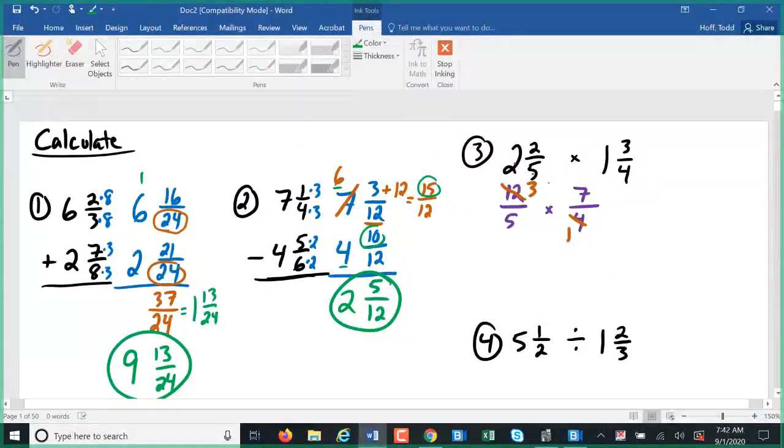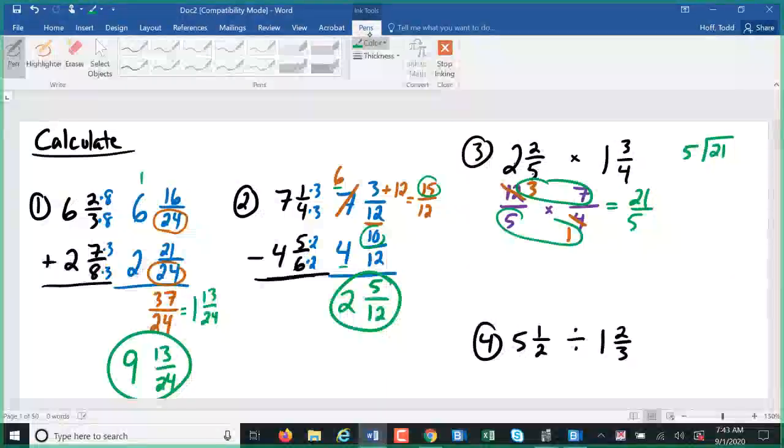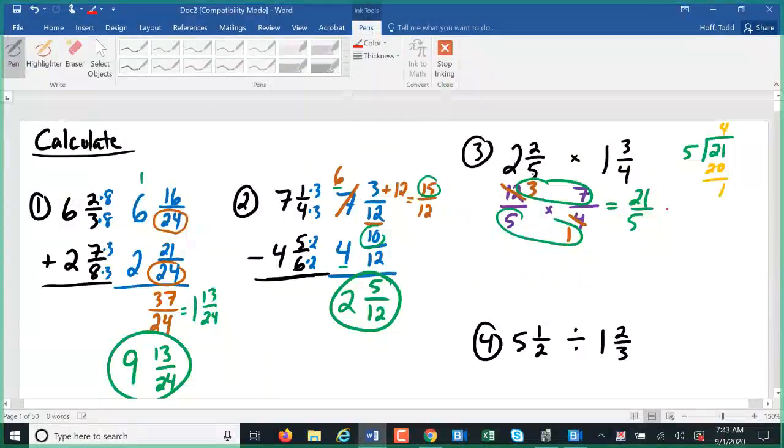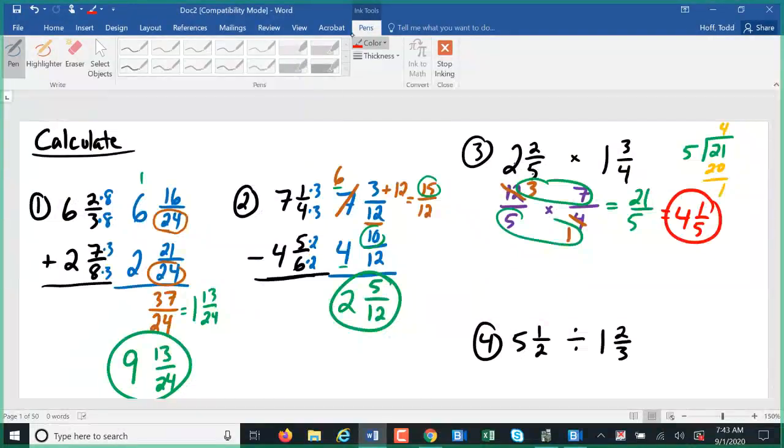Now we'll combine counts. 3 times 7 is 21. 5 times 1 is 5. 5 goes into 21 4 times. 4 times 5 is 20. There's 1 left over. That is 4 and 1/5. Any questions there?